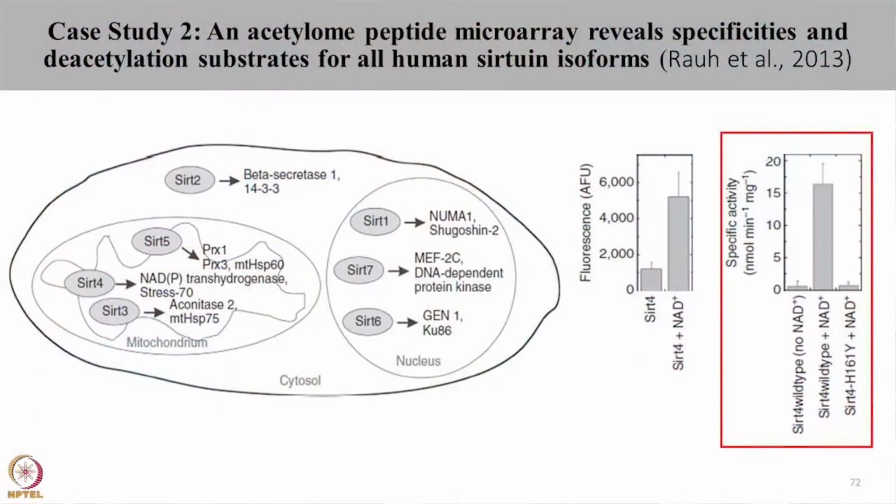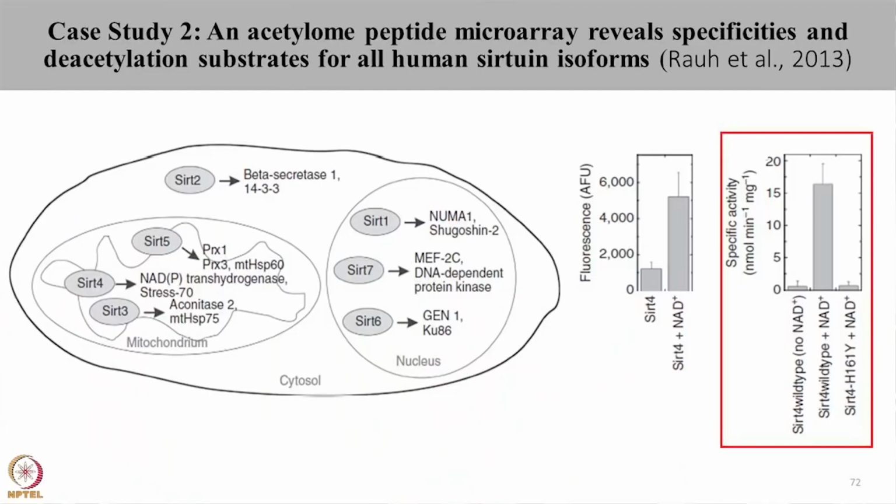To confirm this deacetylation activity of SIRT4, the deacetylation of NADP transhydrogenase stress 70 protein was performed using wild type SIRT4 without NAD, wild type SIRT4 with NAD, and a mutant SIRT4 which did not have the deacetylase activity. When the substrate was incubated with wild type SIRT4 and with NAD, a strong deacetylation activity was seen, confirming that NADP transhydrogenase stress 70 protein is a substrate for SIRT4.